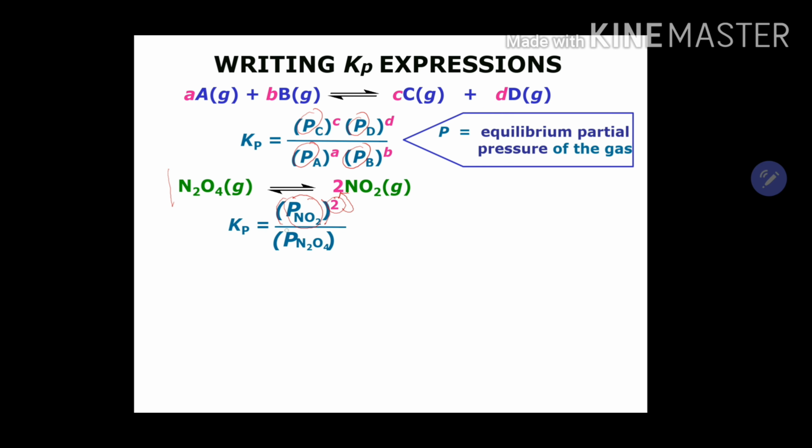Divide by the bracket of PN2O4, the partial pressure of N2O4. Because we have 1 mole of N2O4, the power is 1. But 1 is not written in the equilibrium constant expression.